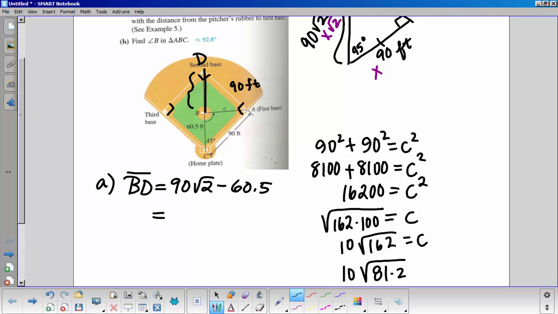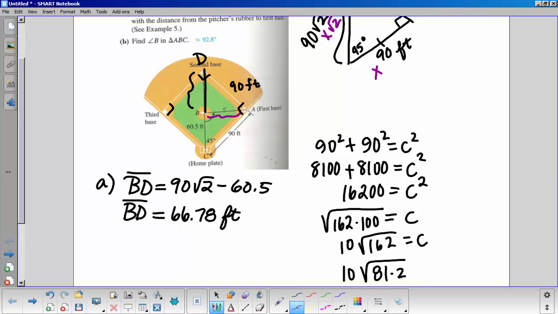So if you do that on the calculator, Mary, what do you get? 66.78 feet.